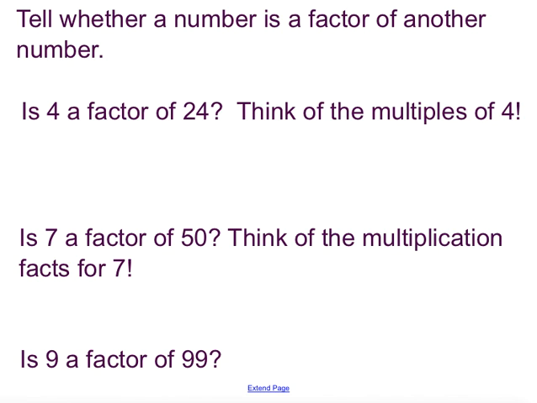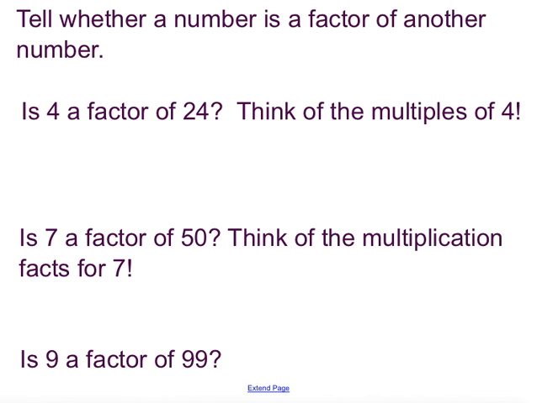So basically this is asking, if I do 4 times another number, will it give me the product of 24? I could think of the multiples of 4. And when I do the multiples of 4, do I ever get 24?